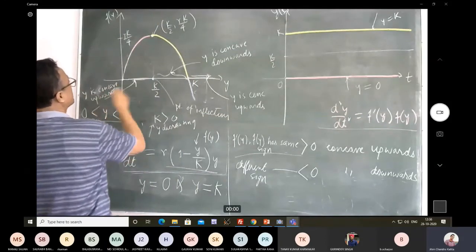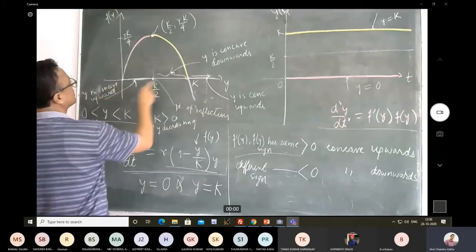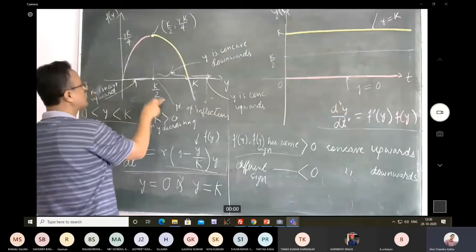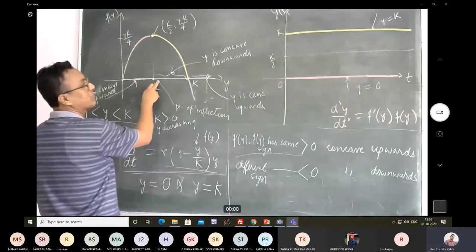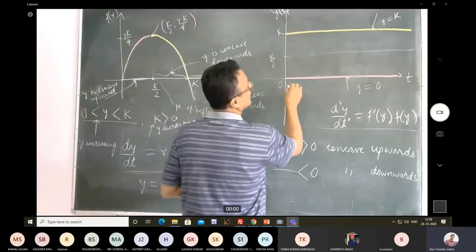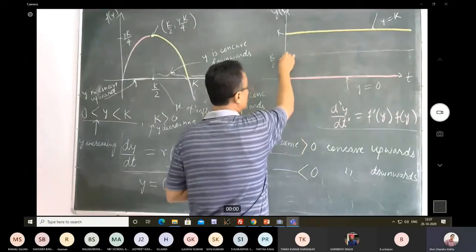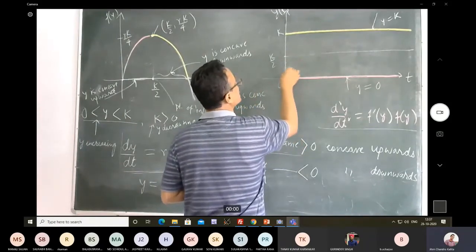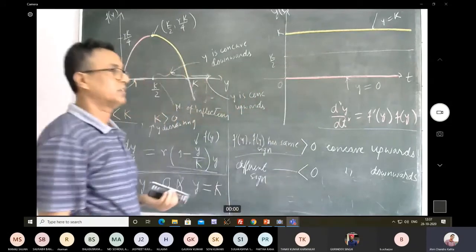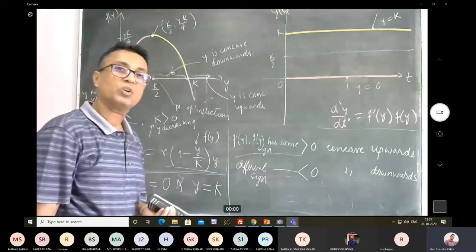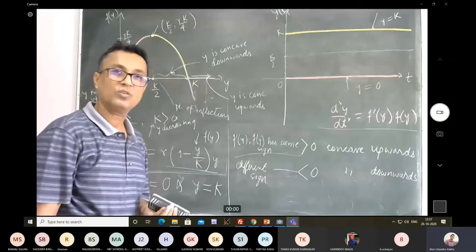Say, for y lying between 0 and k by 2, what is happening? Wherever you start, the curve is going to be concave upwards. Is it okay?